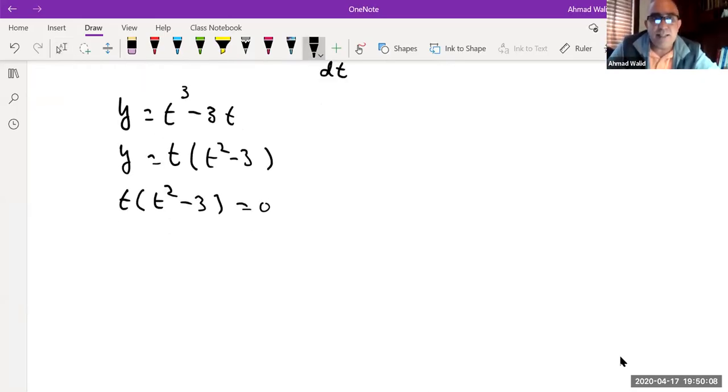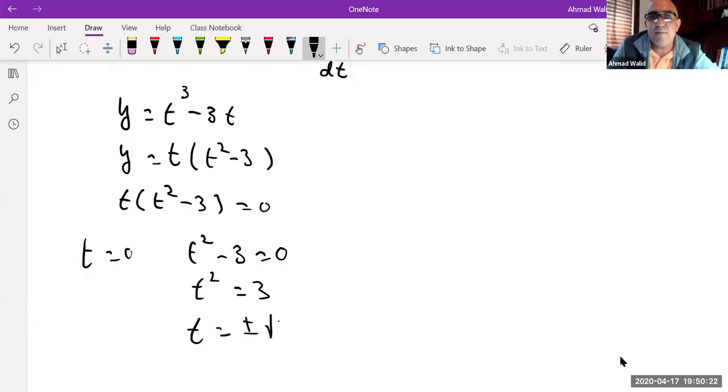From here, you can say t equals 0, and also t squared minus 3 equals 0. It means t squared equals 3, which means t equals plus or minus radical 3.